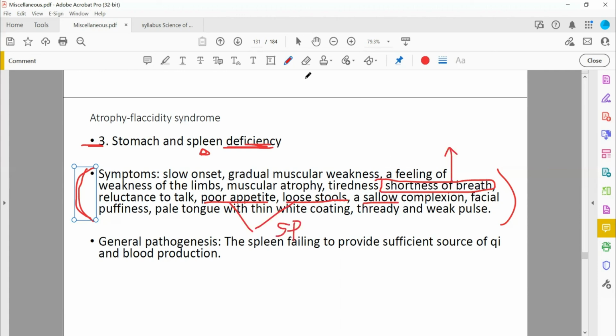And when we think about deficiency, how many types of deficiency syndrome are there? Qi, blood, yin, yang, essence, or body fluid. Body fluid is the last one.